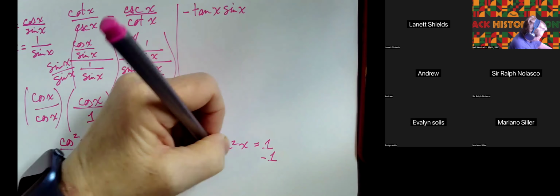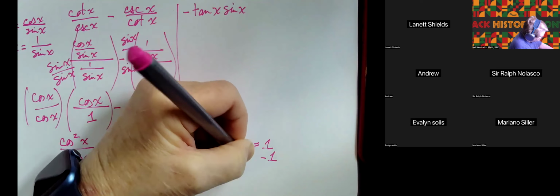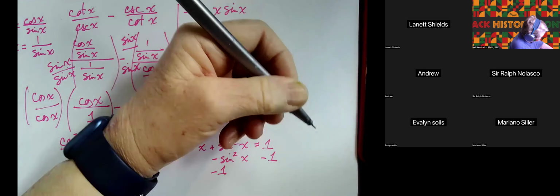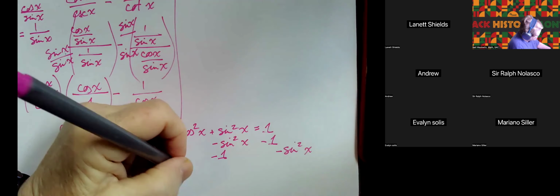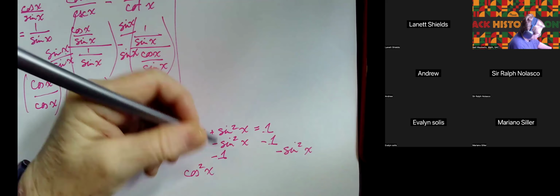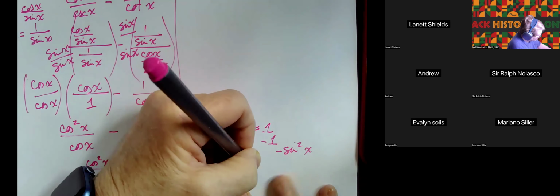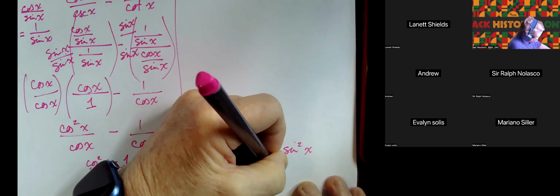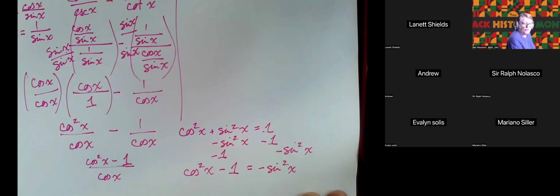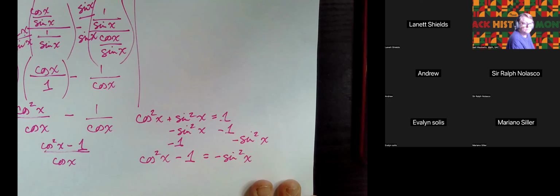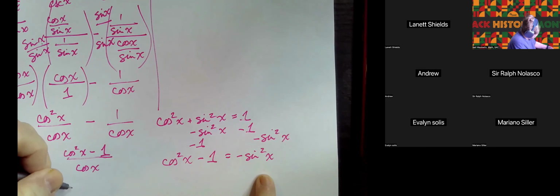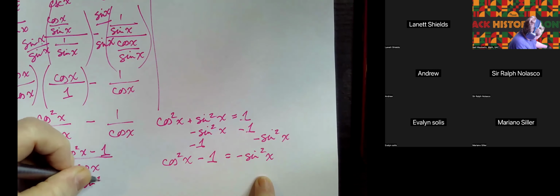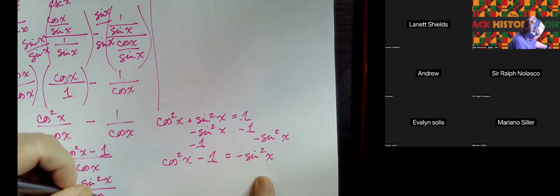And that means we need to subtract a sine squared as well. So we get cosine squared x minus 1 on the left, negative sine squared x on the right. So we can replace cosine squared x minus 1 with negative sine squared x over cosine x.